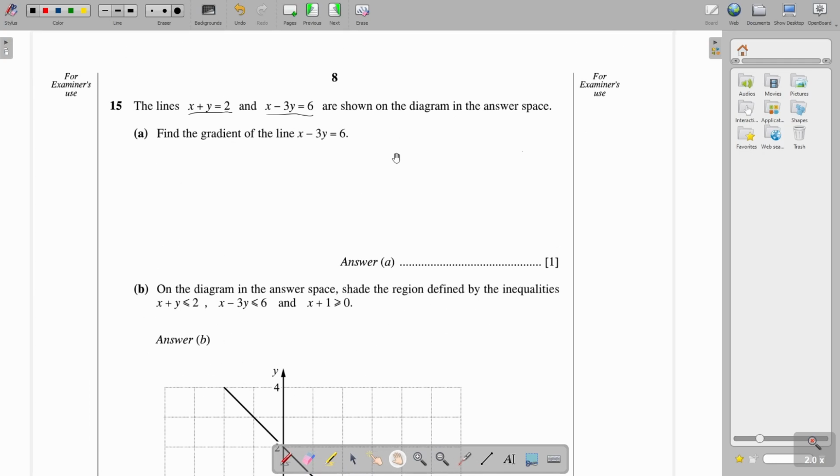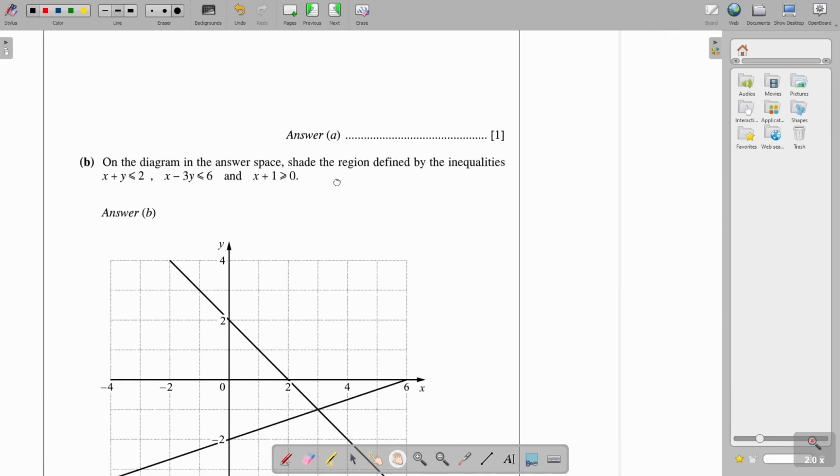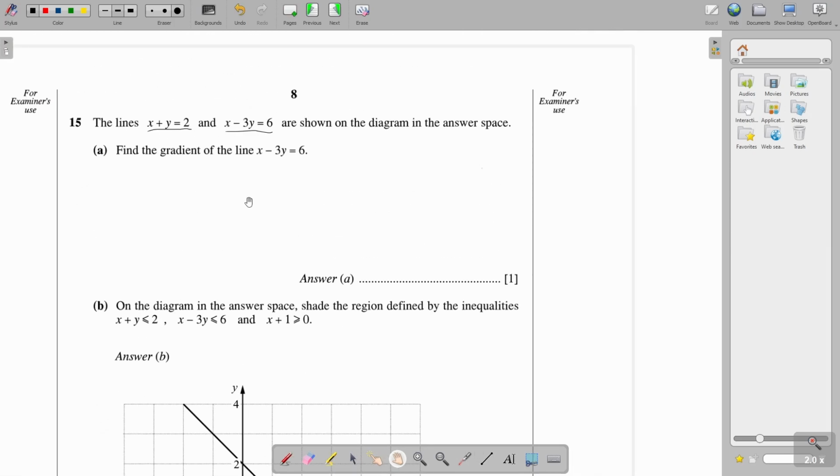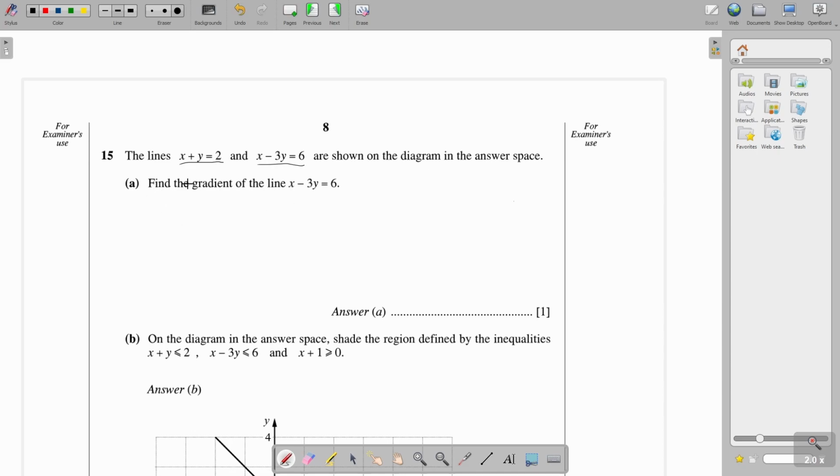All right. Find the gradient of the line x minus 3y is equal to 6. So we don't really need the diagram for this, although we could look at the diagram and figure it out. Either way, the general equation for a linear equation is y is equal to mx plus c, where y and x are just in the equation and m and c mean something.